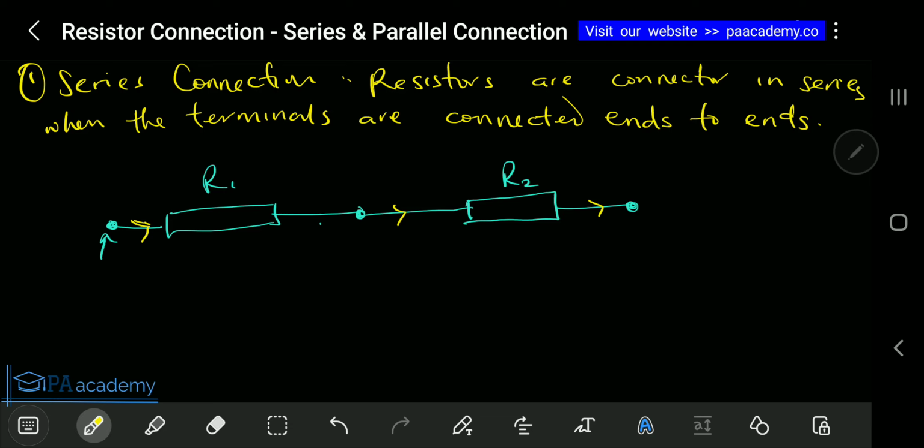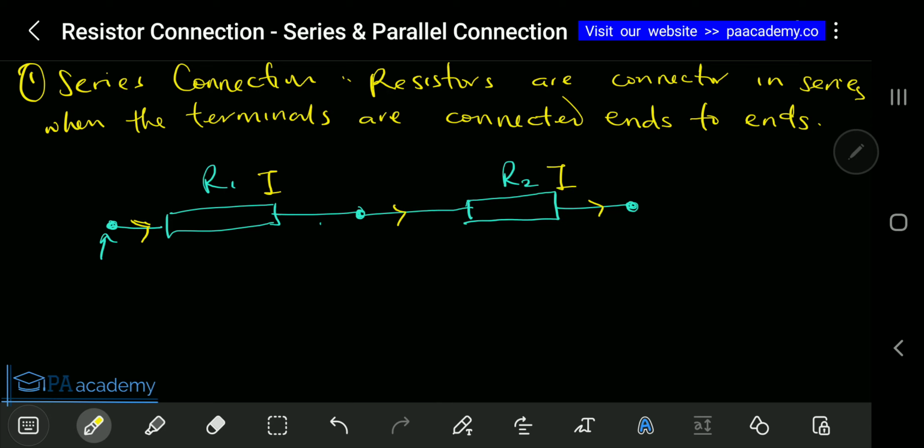So for a series connection, the current flowing through each of these resistors is the same. You might need to take note that equal amounts of current flow through series-connected resistors.